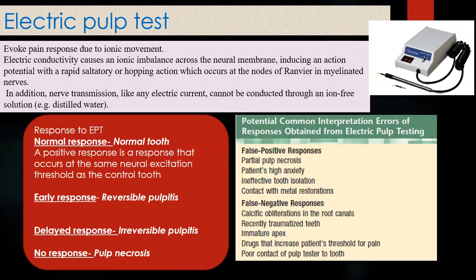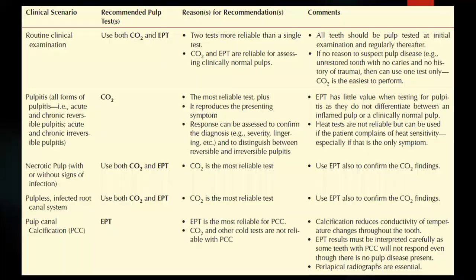The nerve endings are not developed enough to respond strongly to the electric pulp test. Others are obliterated, calcified root canals, and cases of recent trauma where a neural injury has occurred. Due to a brief period of shock, we do not have a response even if pulpal inflammation is present.